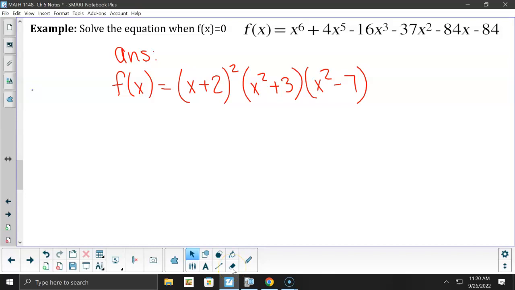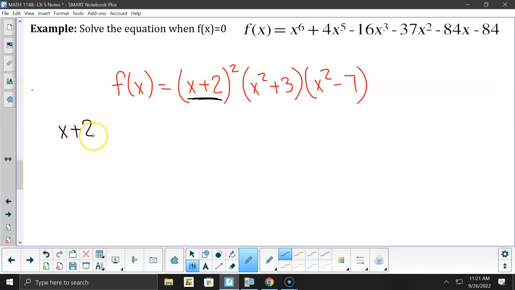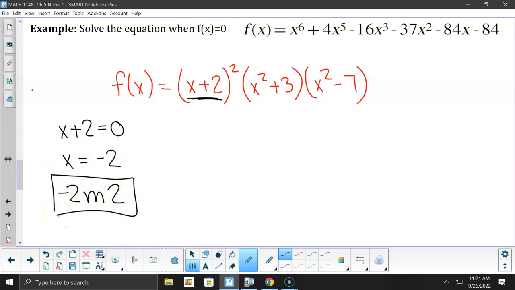So remember our answer from the last one. Now remember, when we go through to do this, we've got to set each of those factors equal to 0. So I've got x plus 2 equals 0. So x equals negative 2. But remember, it's got a multiplicity of 2 on it.